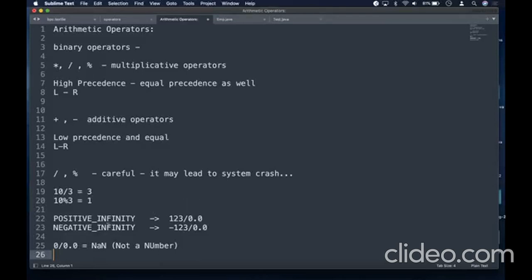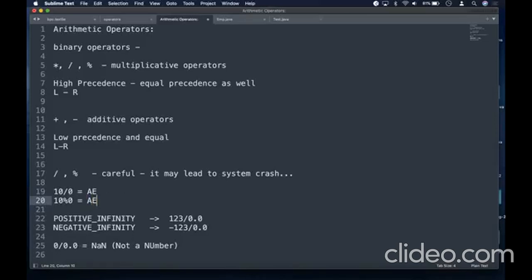Okay, but if they are integers, so there are no decimal points, then definitely either this one or this one is going to give java.lang.ArithmeticException. So if you say 10 by 0, this is going to give you an arithmetic exception. 10 mod 0 is also going to give you an arithmetic exception.